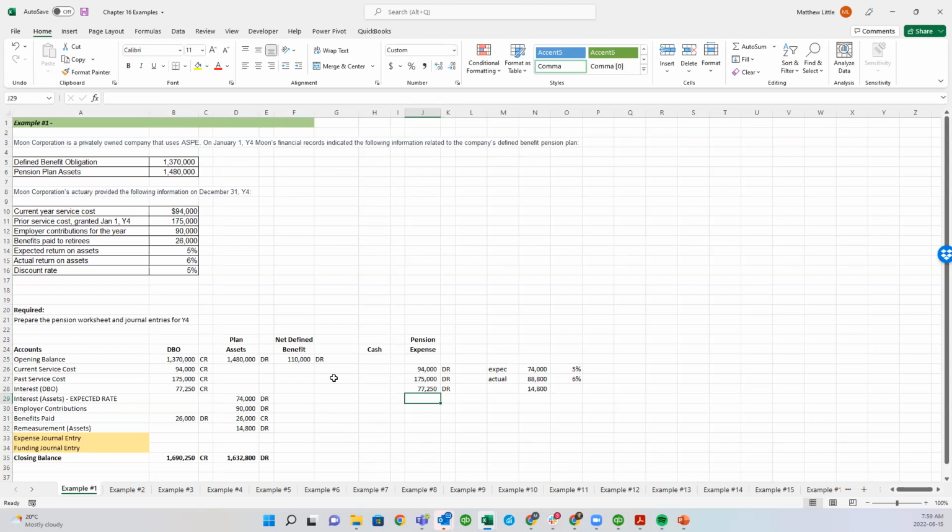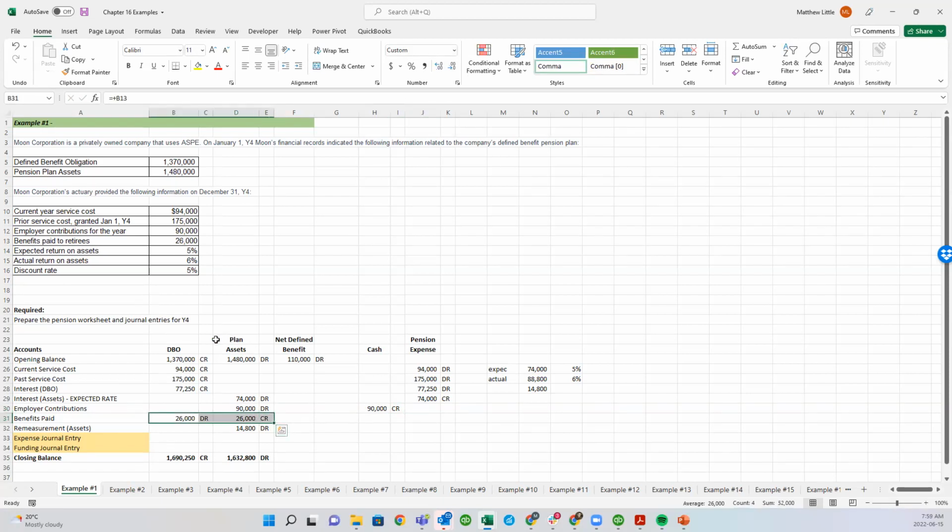Then our expected rate on our plan assets becomes a credit to our pension expense, because the money that we invested in the plan is expected to grow, so it reduces any pension expense. The 90,000 we actually sent as physical cash to the plan asset trustee.